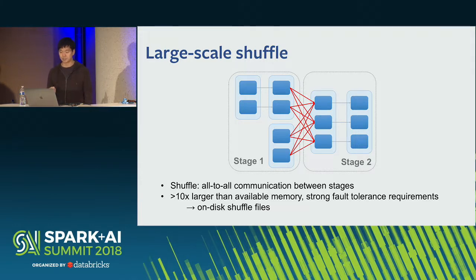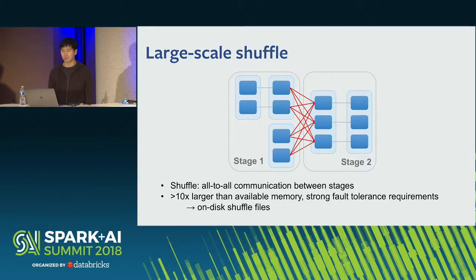And in Spark, it's actually implemented as files on disk. The reason why shuffle is done on disk is kind of twofold. The first is that it allows strong fault tolerance guarantees. Because you're materializing your data on disk, even if some components fail, many times you're able to read your shuffle data.